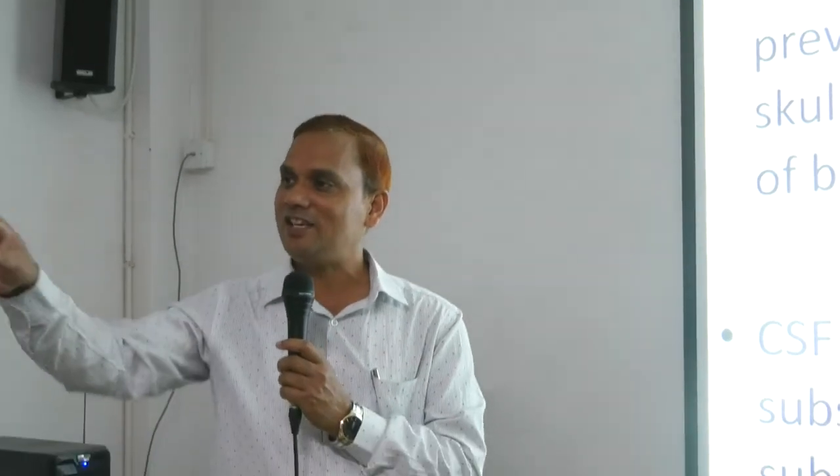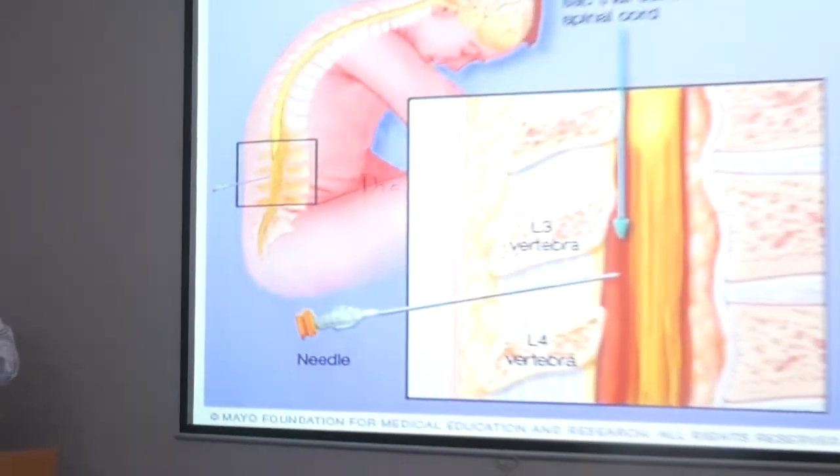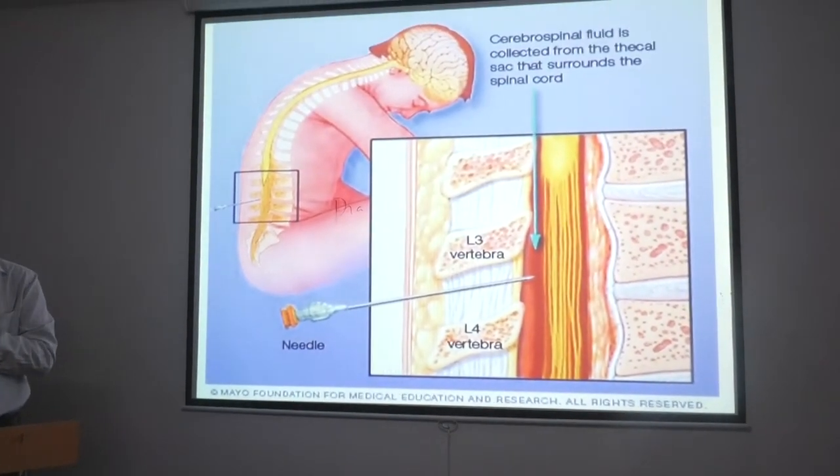Only CSF is the medium through which the nutritive substances enter the brain and waste goes out of the brain, between blood and brain.